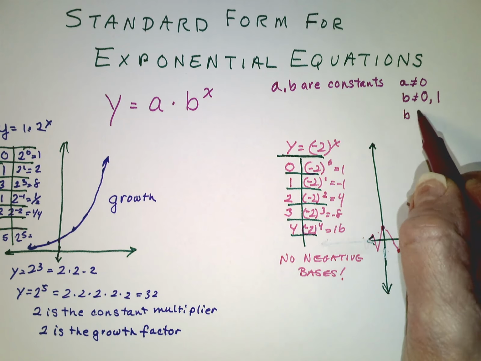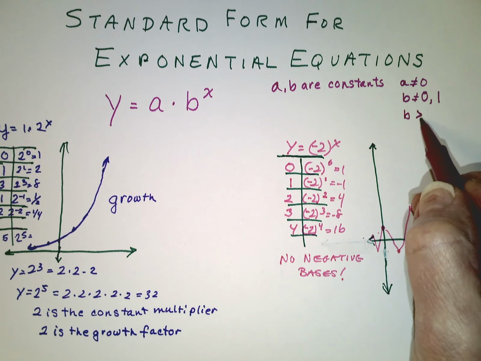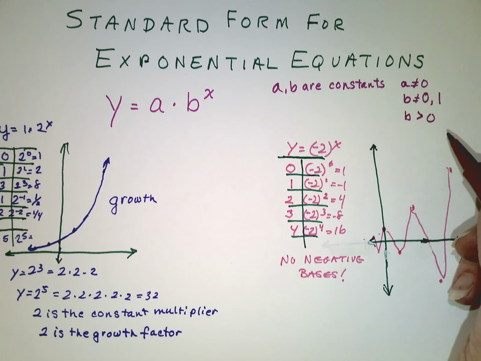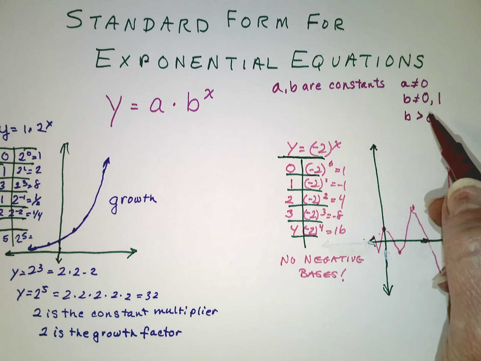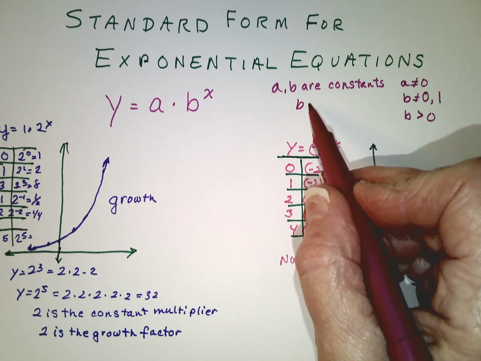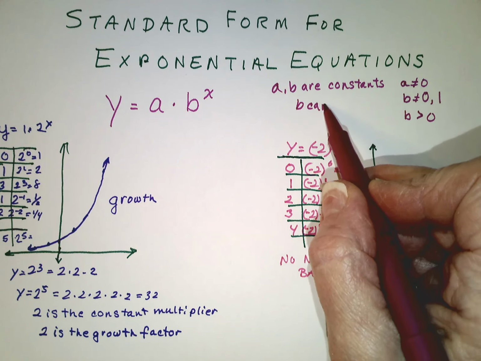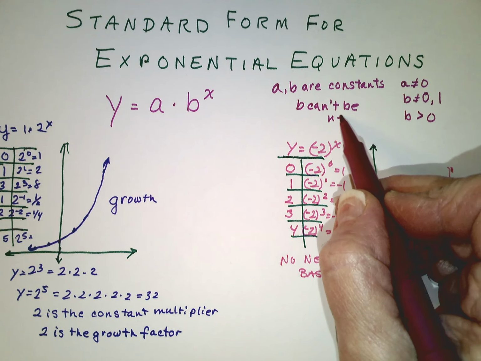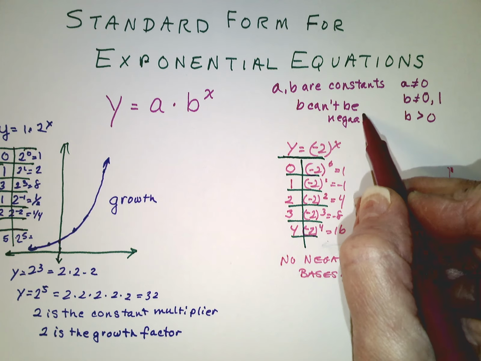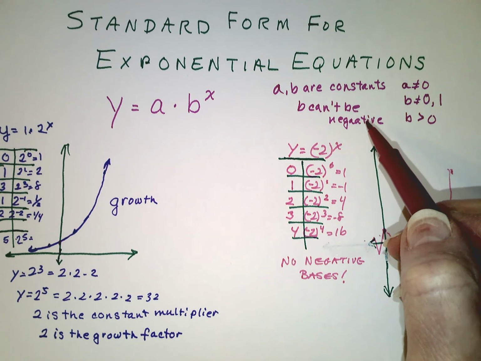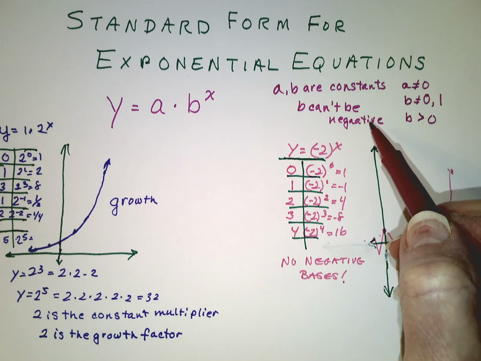So b has got to be greater than 0. Because we already said b wasn't equal to 0. So that's another restriction, another what they call constraint.